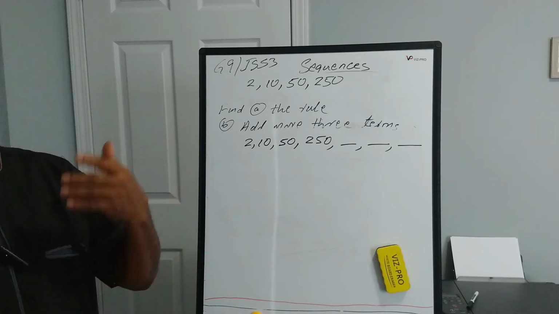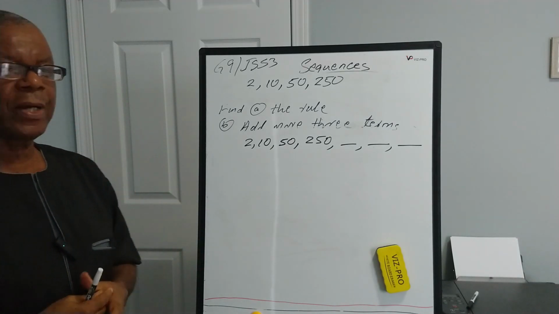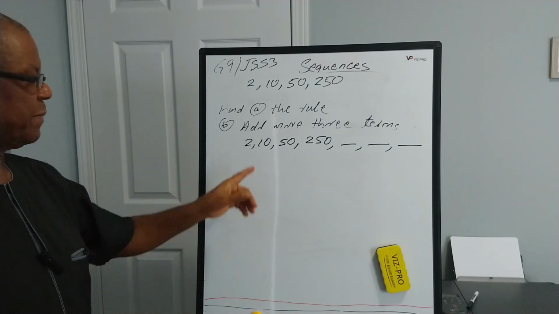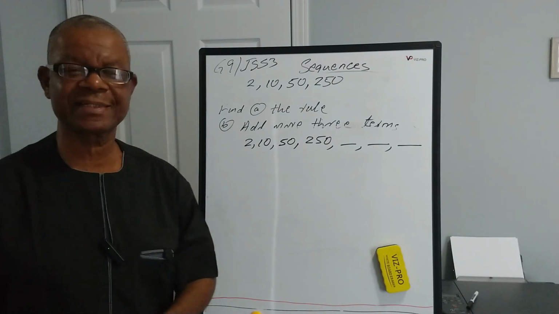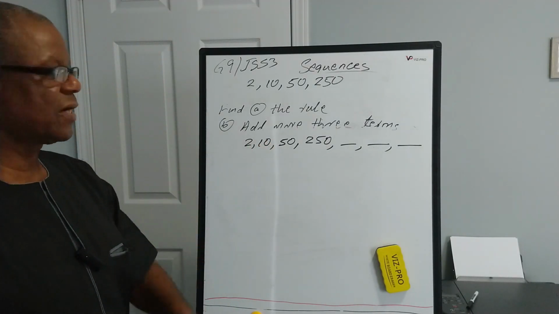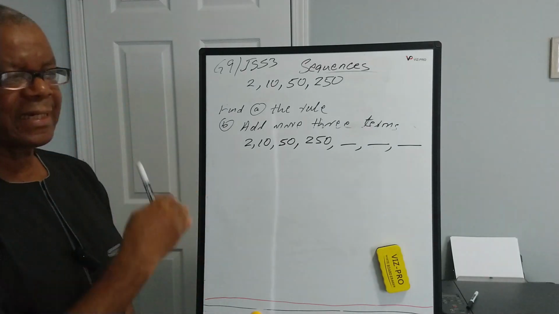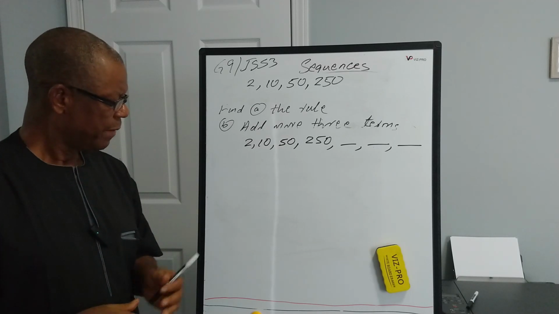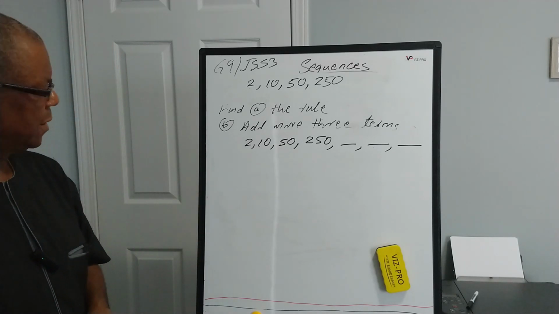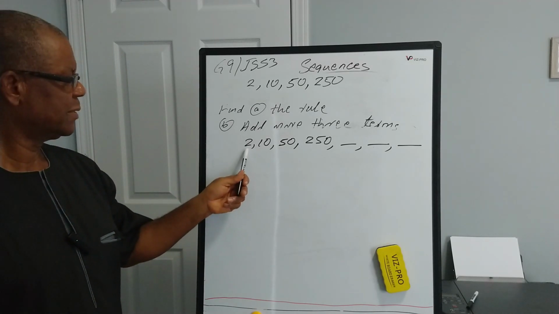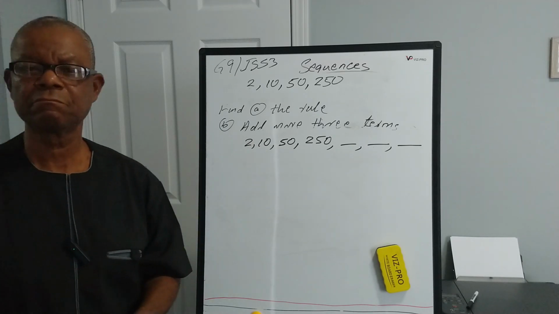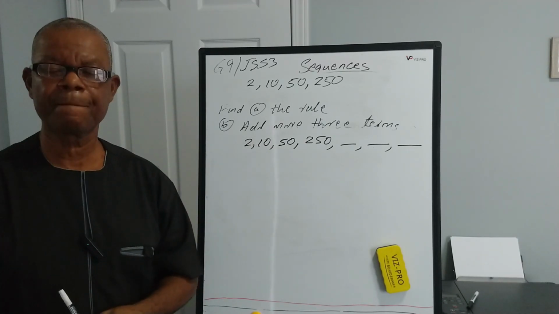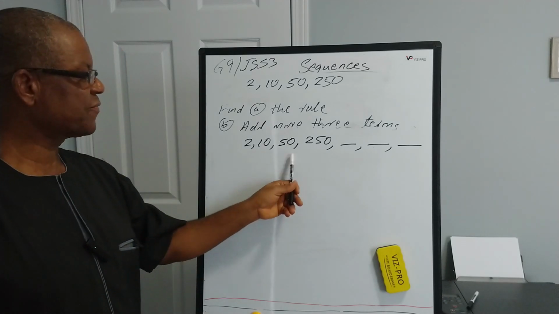If we go by that first method we were using when we had equal step, it may not work here because 10 minus 2 will give us 8, and 50 minus 10 will give us 40. You can see that 8 and 40 are not equal. But if you look at this, you discover that 2 times 5 will give you 10, and 10 times 5 will give you 50, and 50 times 5 will give you 250.